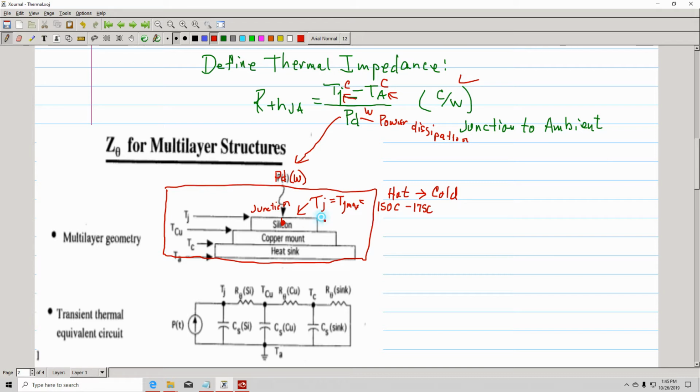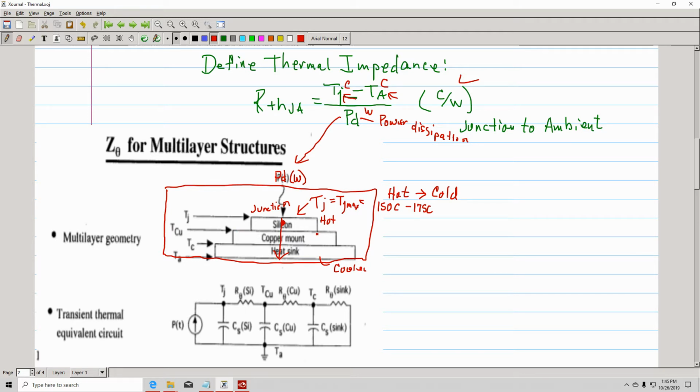So this is hot, this is cooler, so the heat wants to go in this direction, and as it goes in this direction, the temperature gets cooler.